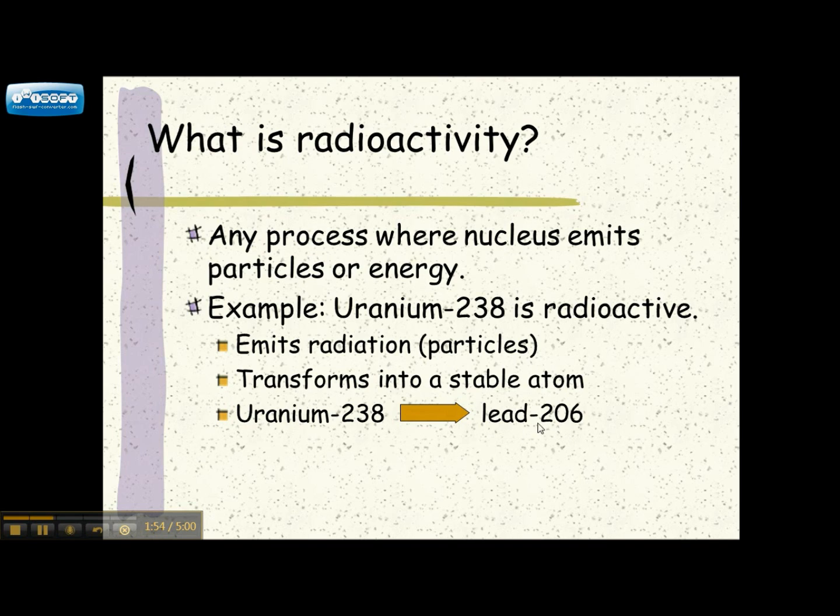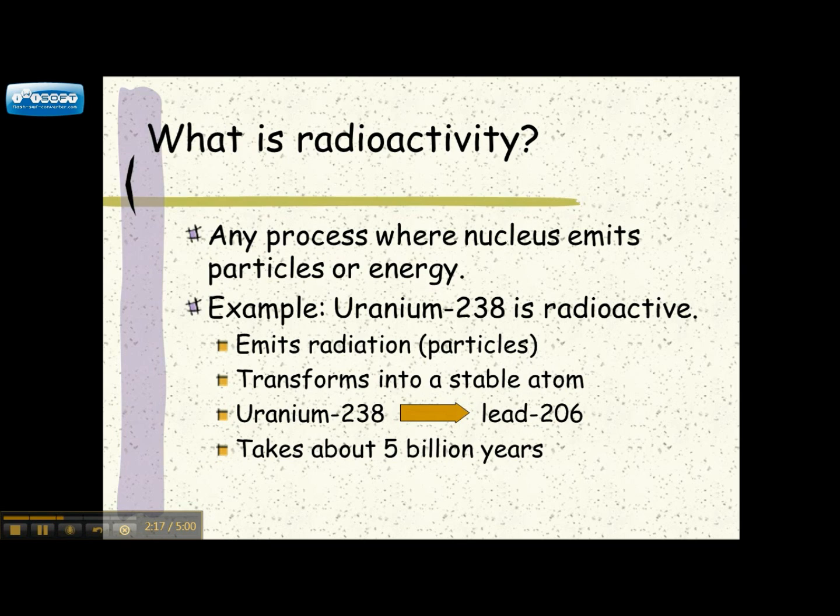Uranium-238 specifically leads to lead-206. Now these numbers, 238 and 206, those are the atomic weights. And if you remember back, atomic weight is protons plus neutrons. And that's how we get our different isotopes. The process for uranium-238 takes about 5 billion years.